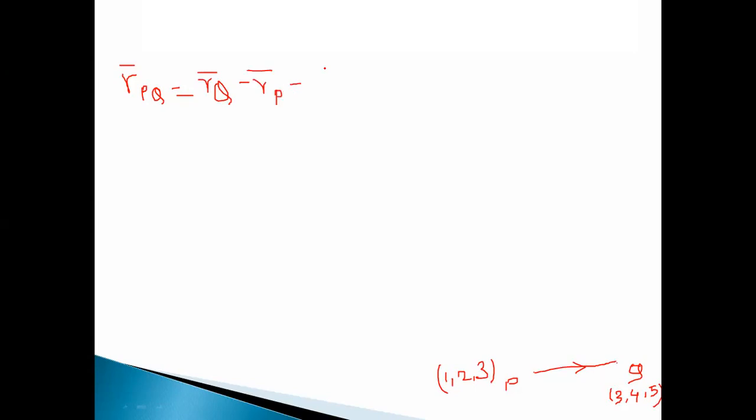So this vector is equal to 3 minus 1 unit vector a bar x, plus second coordinate 4 minus 2 unit vector a bar y, plus third 5 minus 3 into unit vector a bar z.